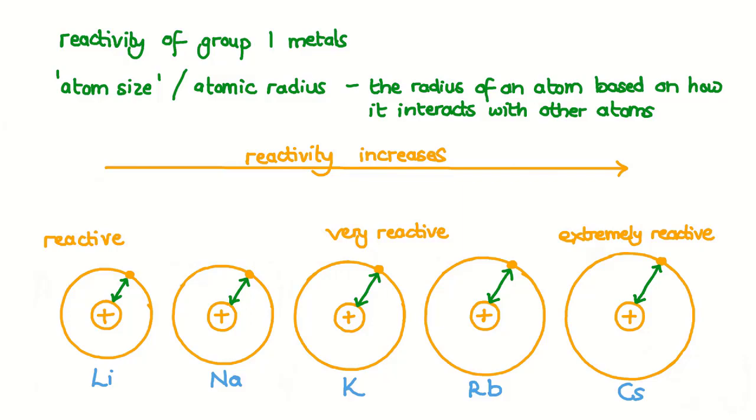Now that we know about the reactivity trend in this group, let's have a look at some specific reactions that these elements undergo. Let's investigate the reaction of the alkali metals with atmospheric oxygen, water, and halogens. The group 1 metals react rapidly with oxygen to produce various oxides.